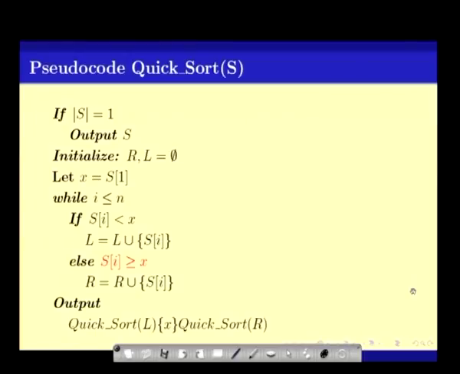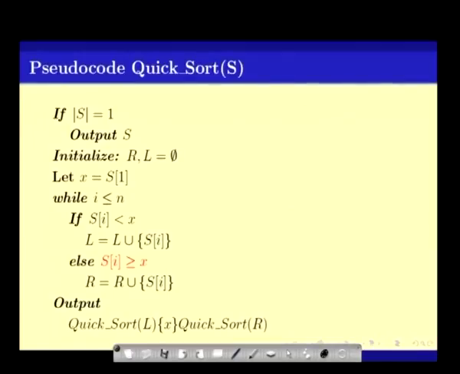So, here is the simple pseudocode for this quick sort algorithm. Of course, if the set size is 1, there is nothing to sort, so we have to output this set S. Otherwise, we initialize two sets R and L, both of them empty for now.